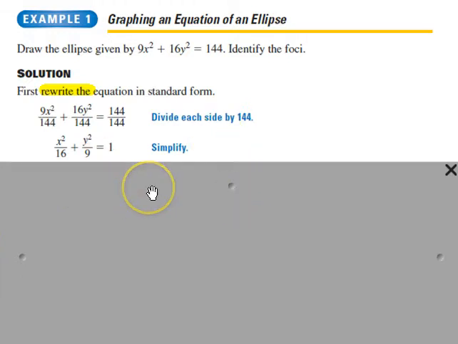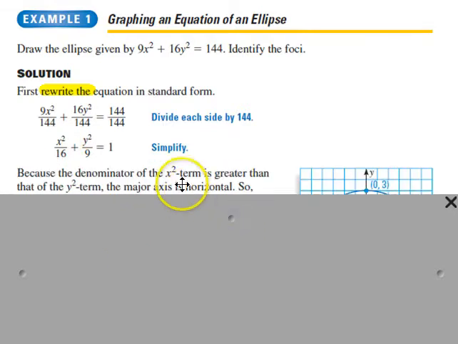So ask yourself, is this going to be a horizontal or vertical ellipse? Well, it's going to be horizontal because the larger number is under the x squared term. That's what the textbook is saying here. Now, all of the examples that I'm going to be giving you in this video lesson, and that I gave in today's class, were where the center of the ellipse is at 0. So you move along the x-axis the square root of this number of spaces.